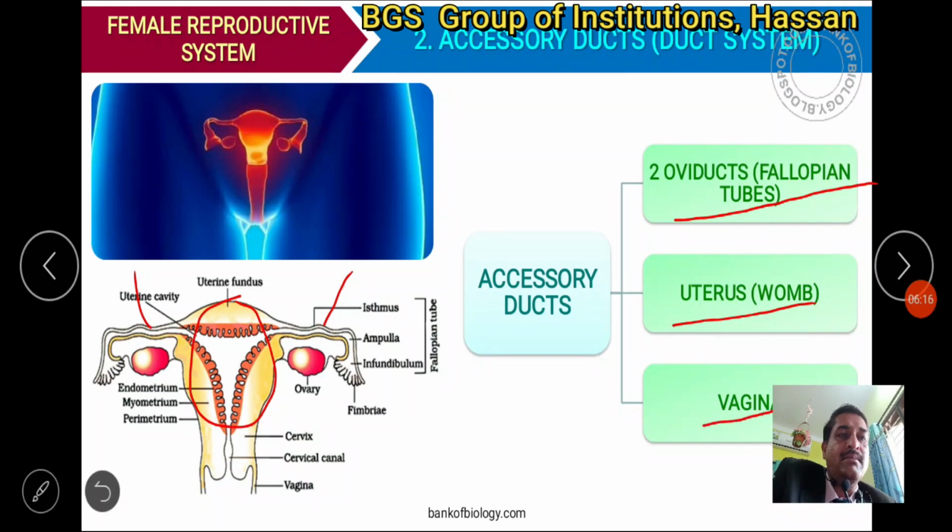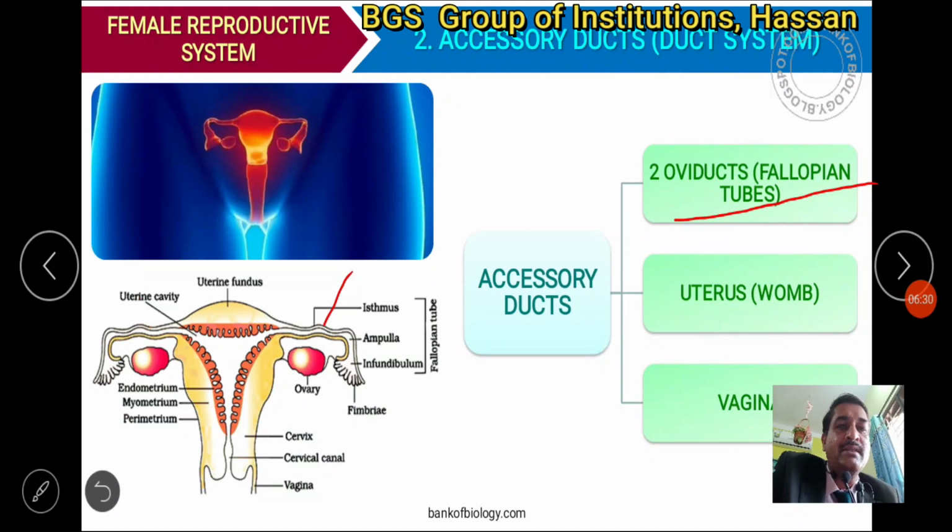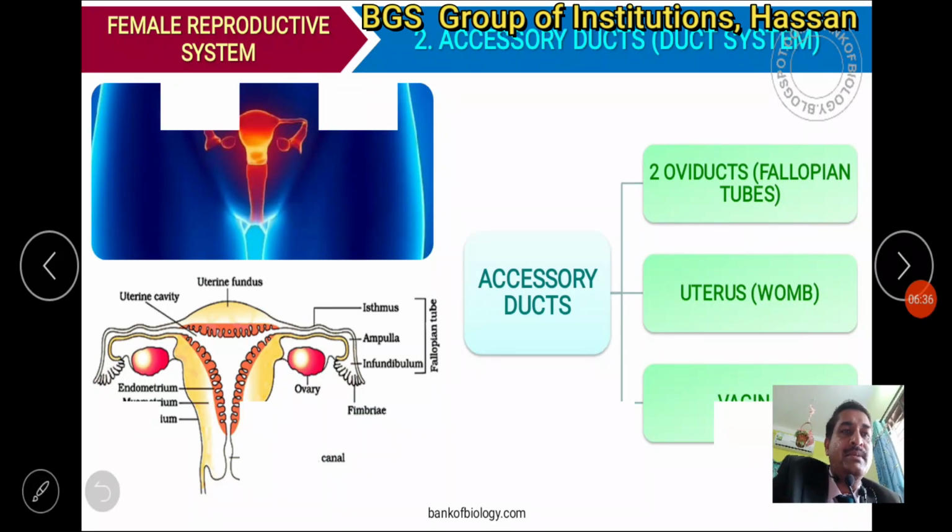Then part number 3, vagina. Here we can see the vagina. These are the major 3 parts of the accessory ducts. Let us study them one by one. First, the oviducts or fallopian tube.